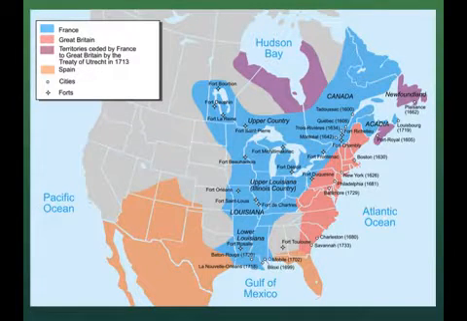And we can have a look here. This is sort of, let's say, 1700-ish, 1714 or so. The imperial framework of North America, we see in blue the vast underpopulated French North American colonies.